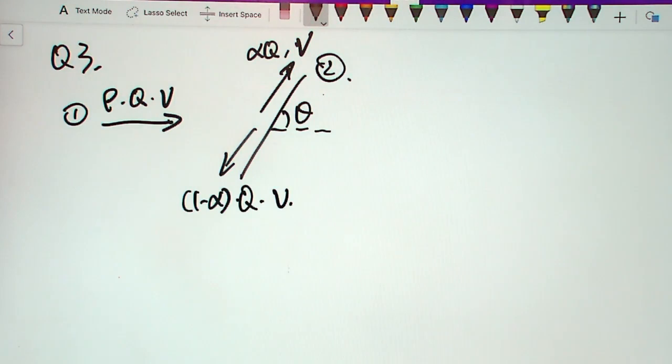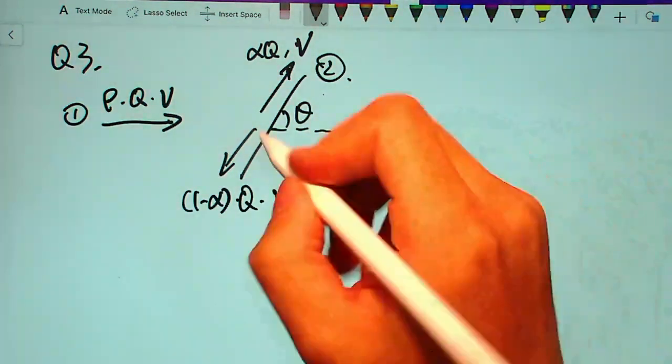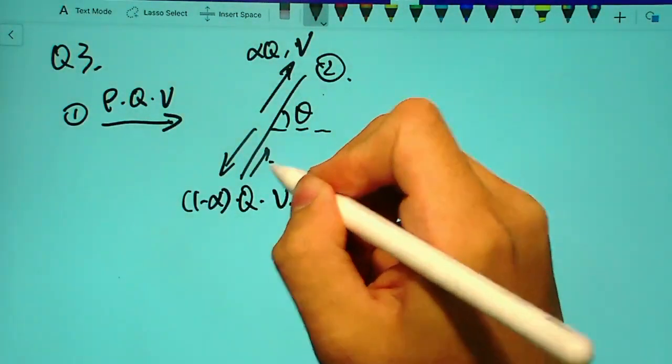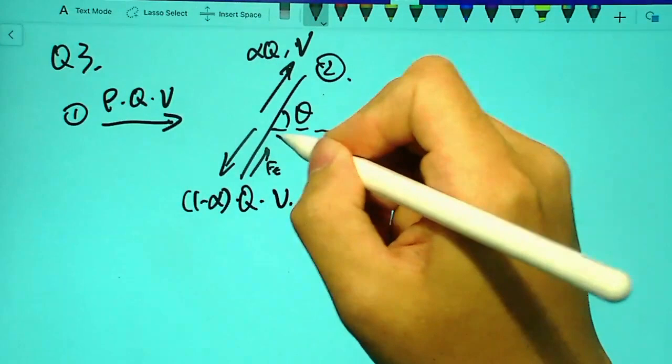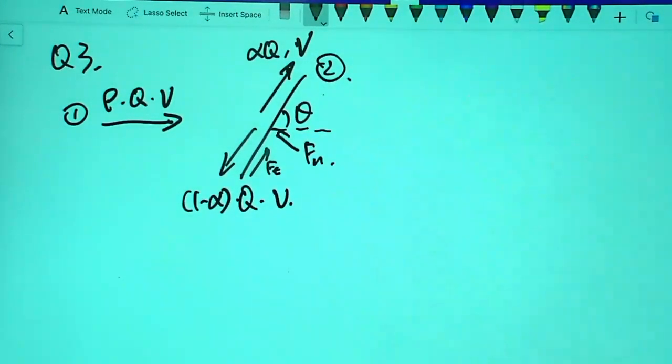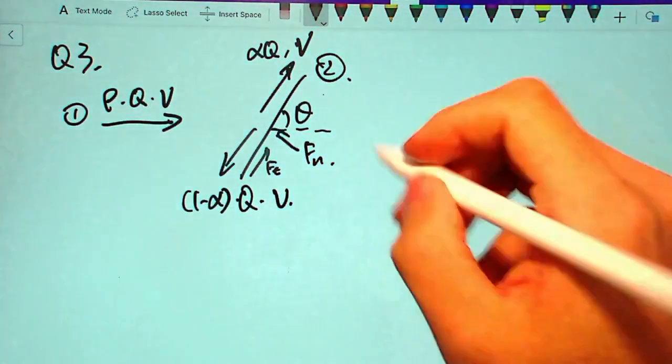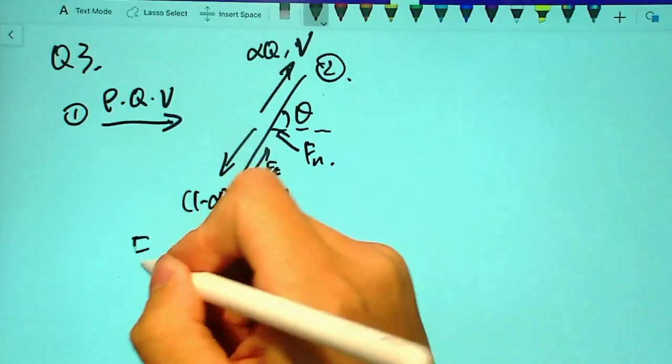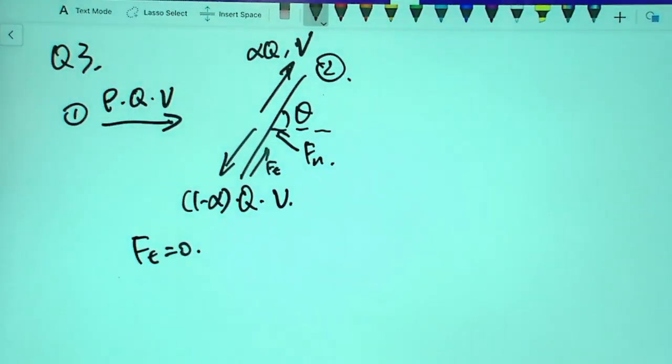Okay, so on the disk there are two forces. One is the friction, called Ft, and the other is a normal force. We call it Fn. The problem tells us that Ft equals 0, and asks us to find two things.